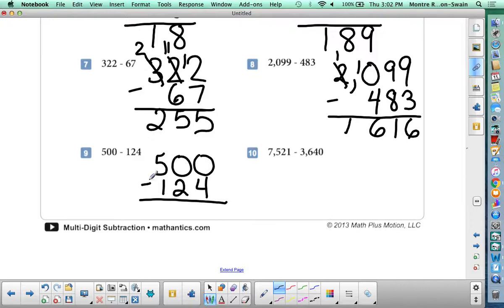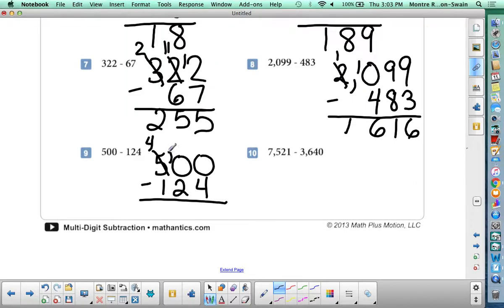So that can't help him. So the 0 in the tens place is going to ask its next door neighbor, the hundreds place. So we're going to cross out the 5 in the hundreds place. The 5 becomes a 4. And now the 0 in the tens place becomes a 10. Now the 0 in the ones place can have something to regroup from.